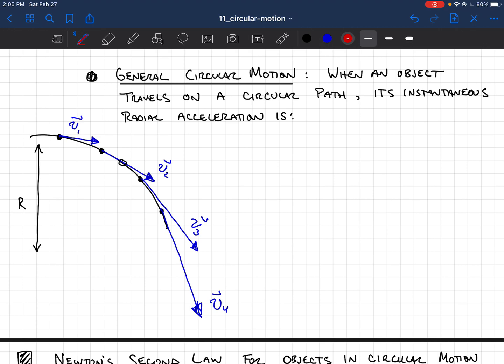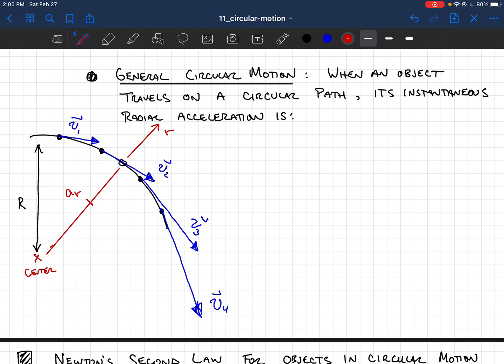So if we draw an axis from the center of the circle through the object at that point, we can call that the radial axis. This is the center of the circle. And we can expect that there should be some component to the acceleration vector, which is radially inward, which has a negative AR value.